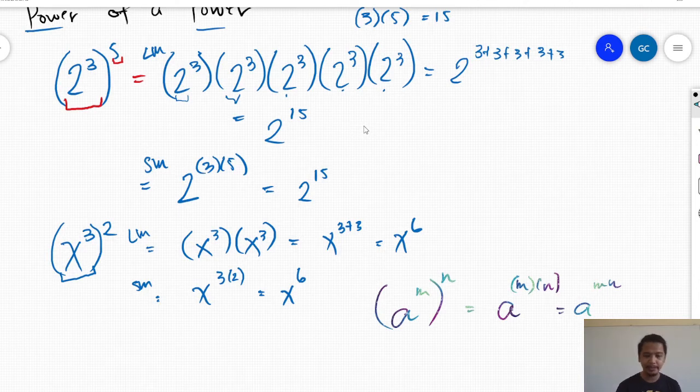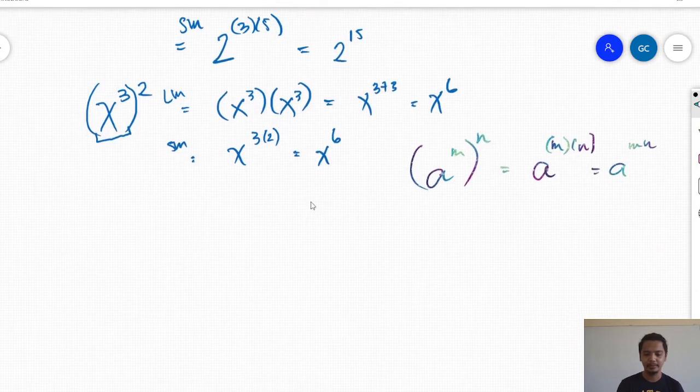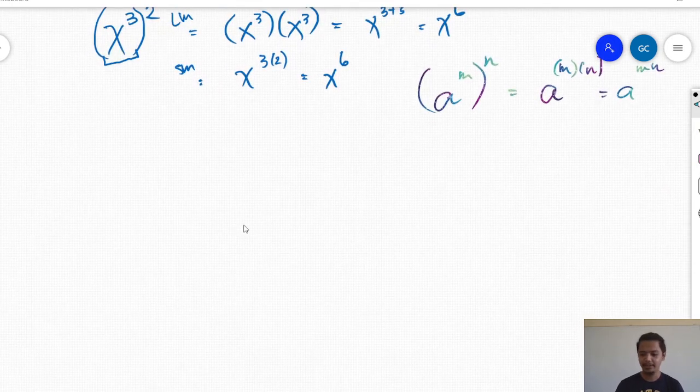Ang gagawin lang natin ay ganito. Bigyan tayong example. Ng hindi ganun ka-perfect na example. So, we have there, halimbawa, 2x, gawin nating term siya. Baguhin natin yung kulay. Sulat mo natin. This is examples.